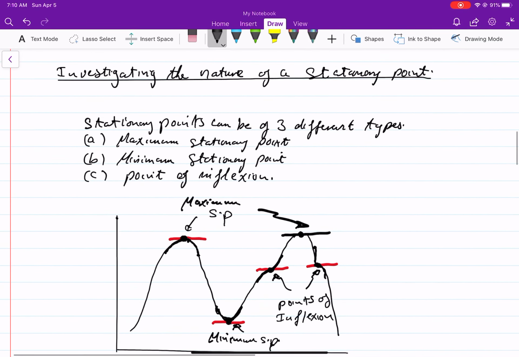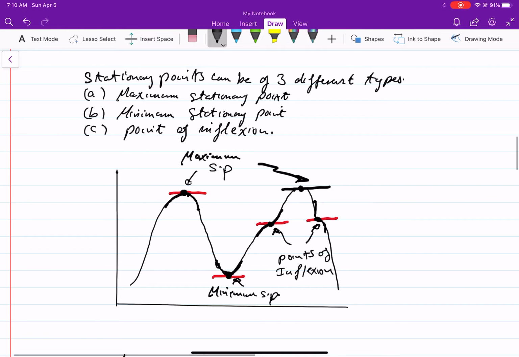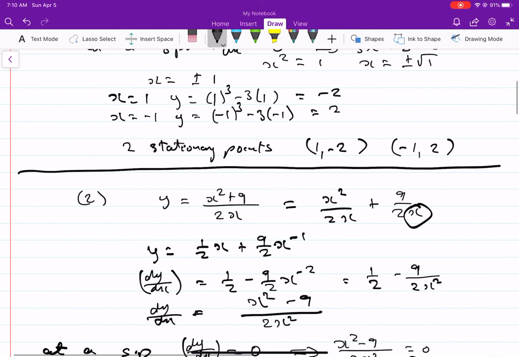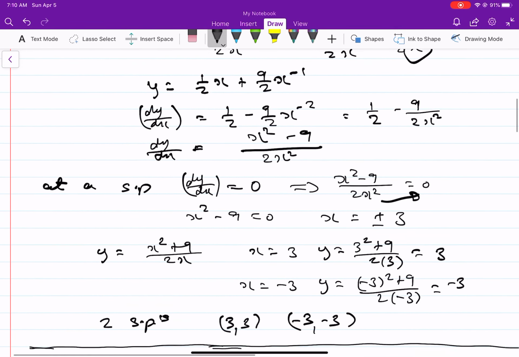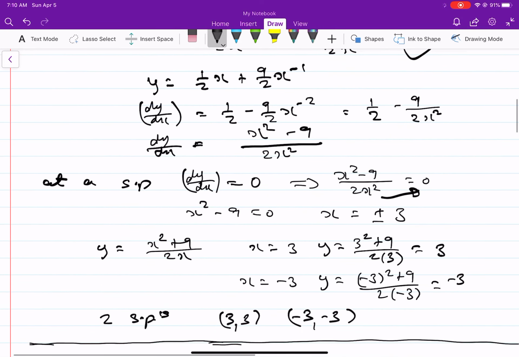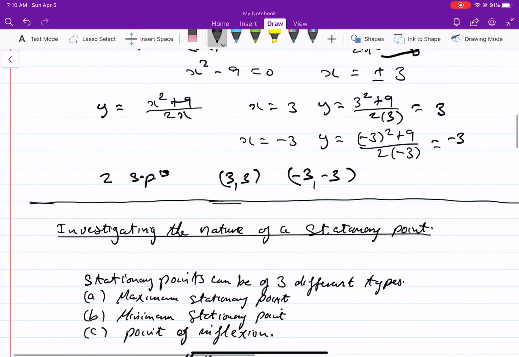And the question is, how do you decide what type of stationary point you have? In most cases, if you notice in the two examples that we just did, we didn't draw a graph. In the first example, (1, minus 2) and (minus 1, 2), those were two stationary points. How do we know what kind of stationary points we have there? Second example as well, (3, 3) and (minus 3, minus 3).